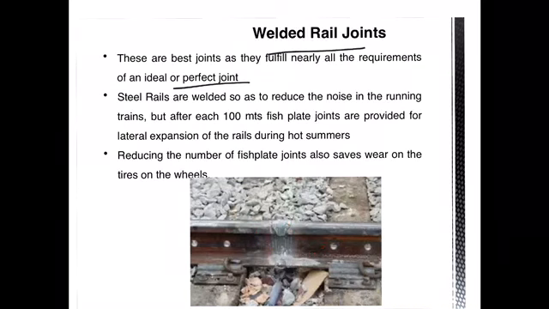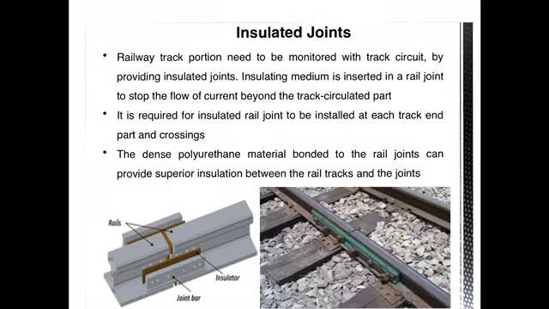To connect two different rail sections. And the last type of joint we can see is the insulated joint. First we'll understand why insulation is required in the track portion. Some of the track portions need to be monitored with the track circuit. What is this track circuit?